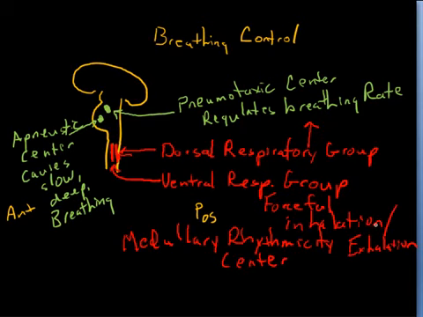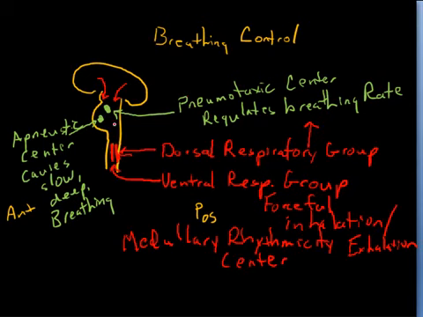Okay, the ventral respiratory group, when activated, causes forceful inhalation and exhalation. So if you just take a deep breath right now, it's the ventral respiratory group that's causing you to breathe heavy, that's controlling that. Now, the cortex has a little feedback too. The cortex has an input, I should say, into the brainstem. So you can consciously breathe slower or breathe quicker.